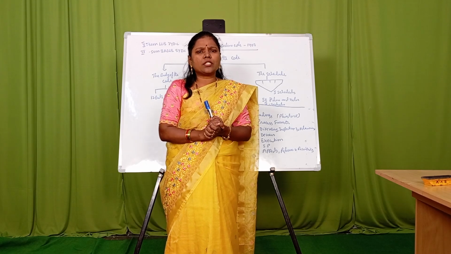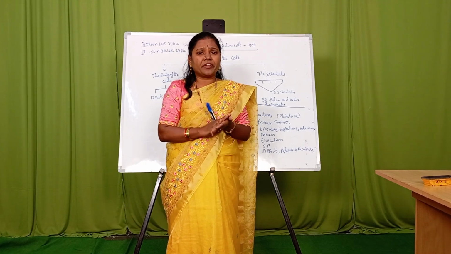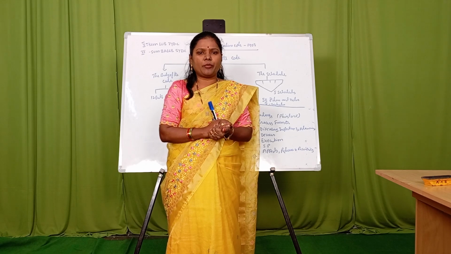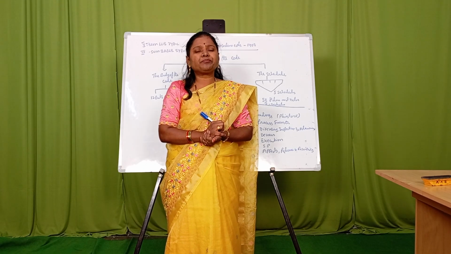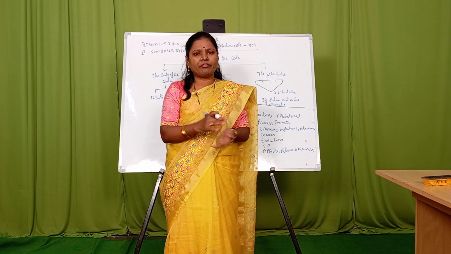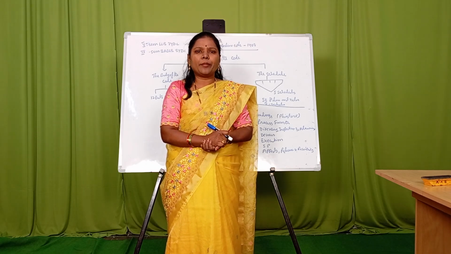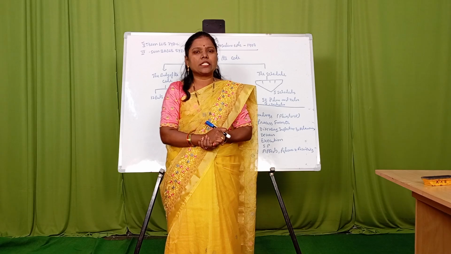This act was introduced in 1859, but more than 70 amendments have taken place. After independence, only a few amendments have taken place up to 2002, which will be discussed in a later part.